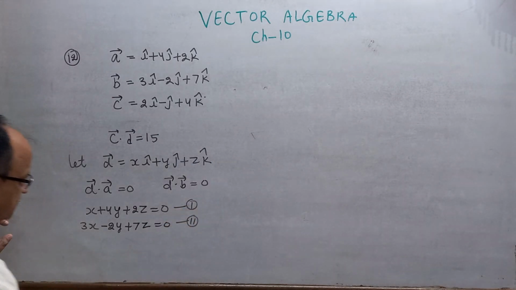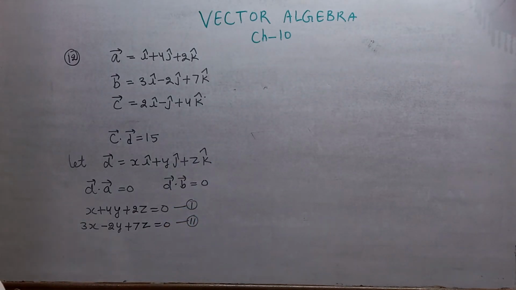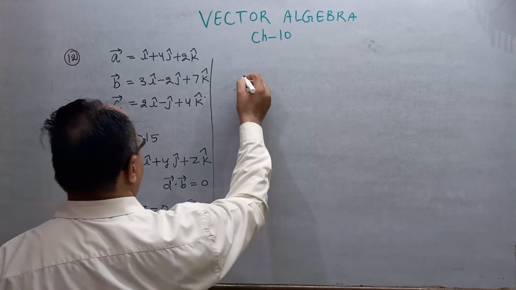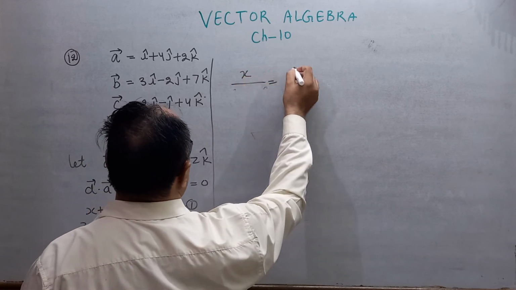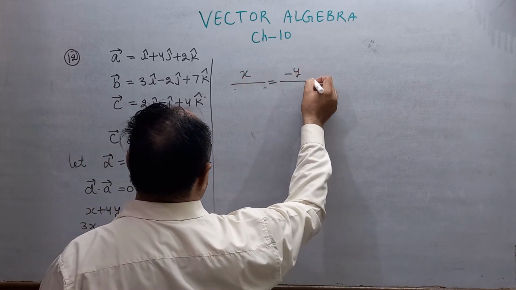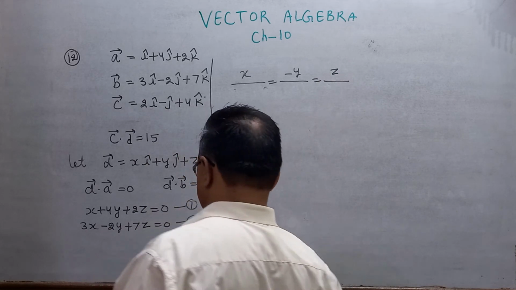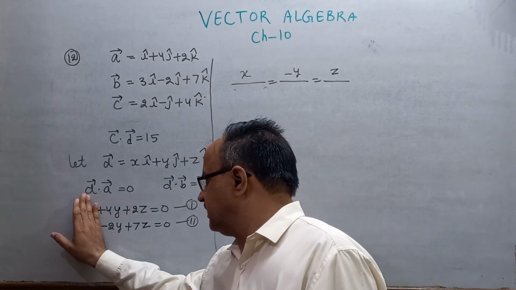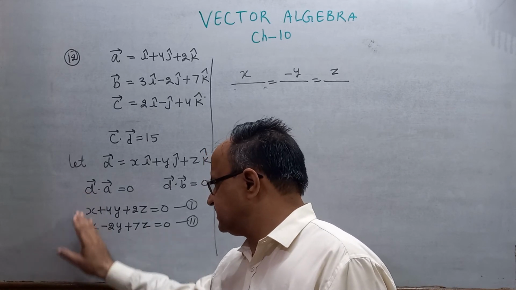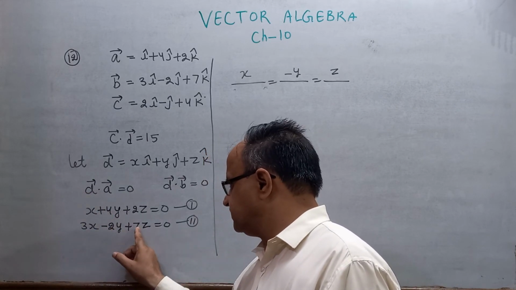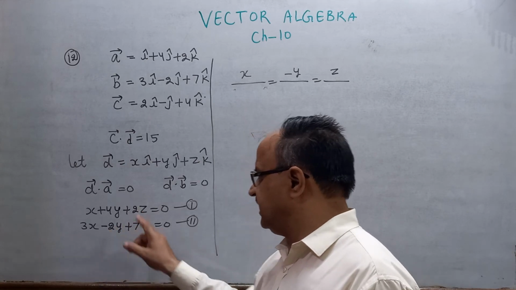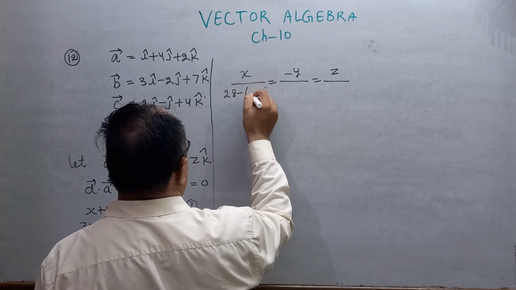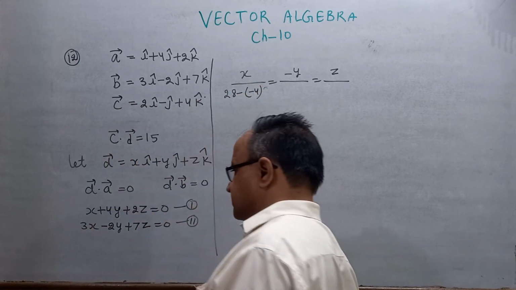On solving equation number 1 and 2 using cross multiplication method, you know that x, y and z. Now eliminate the quantity of x: 4 times 7, 28, minus 4, cross multiplication method.